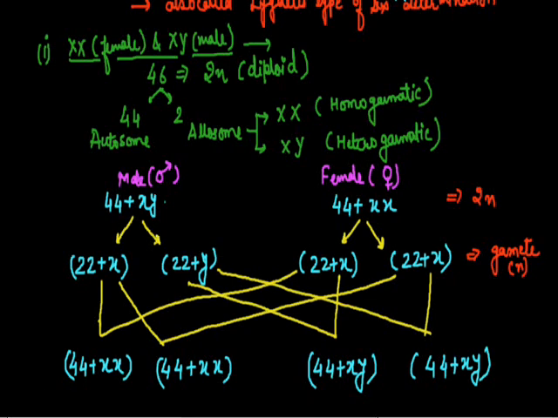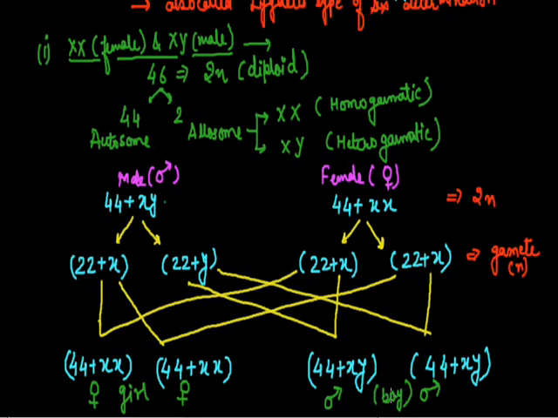Now you can categorize the gender of the offspring. Here this offspring should be a female, again this one should be a female, while this one is a male, and this one is a male child again. So this one will be a girl, and this should be a girl, while these are boys.